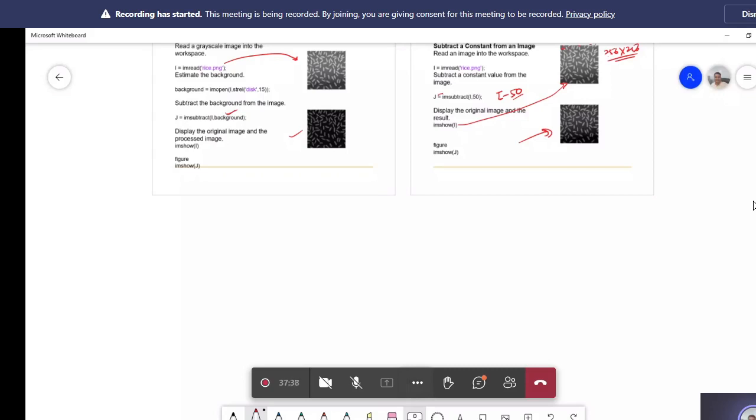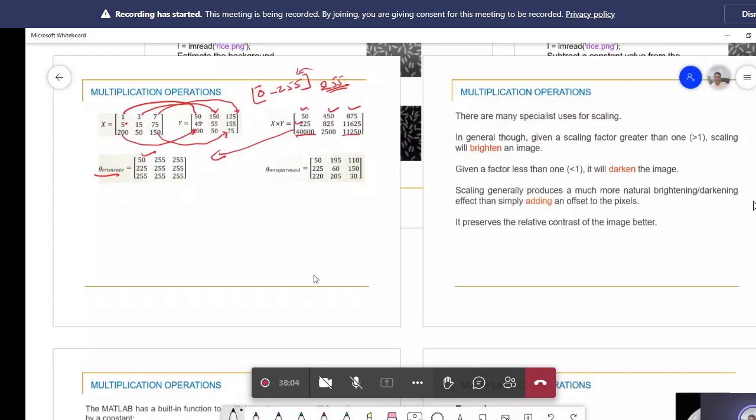So there are two ways. If you are getting a value beyond the limit, here the limit is 0 to 255. So for this, first is truncation. Any value beyond 255, you set to 255. Take the maximum of the range, 255. This one remains the same.